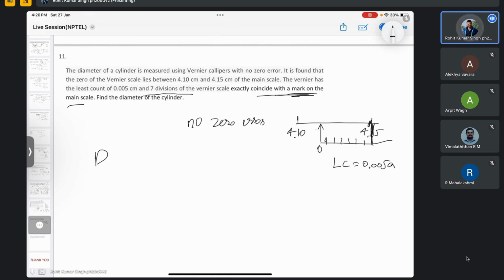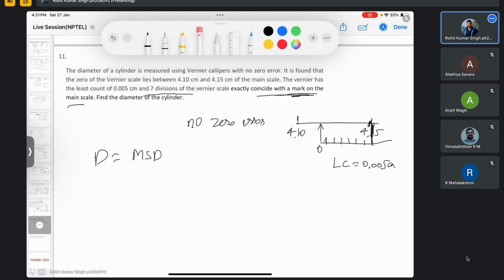So diameter is what? Main scale reading plus vernier scale reading. Main scale reading is what? 4.10 centimeter, and vernier scale reading is least count into what? 7, right?